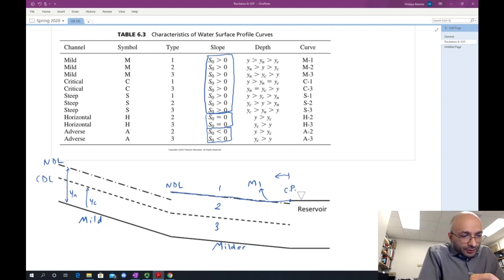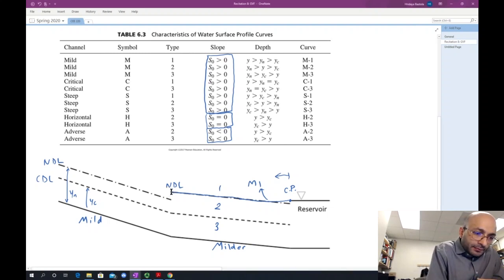And once it gets to the break-in slope location, it is still a mild channel, so the disturbance or the adjustment to the water depth will happen upstream. So it will approach the normal depth again at a small angle.